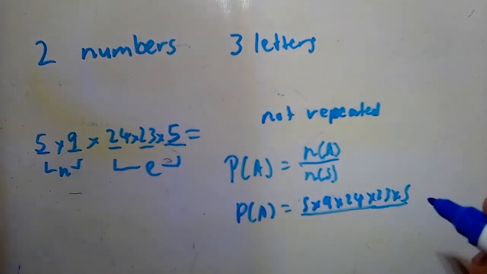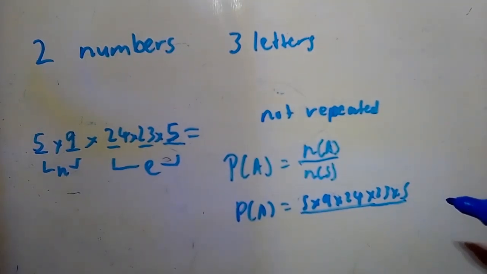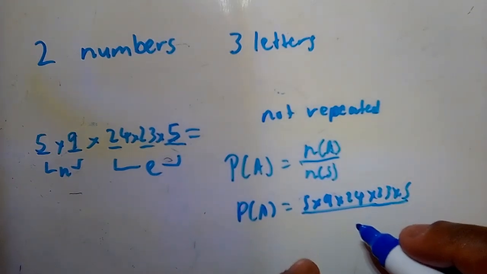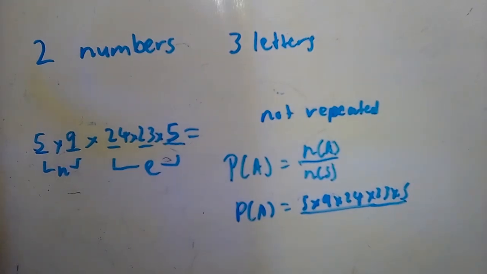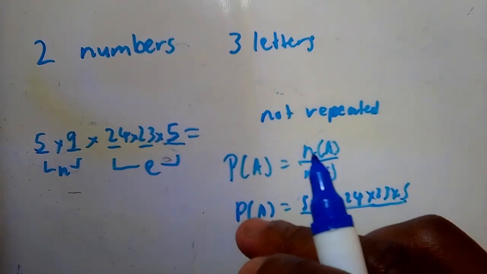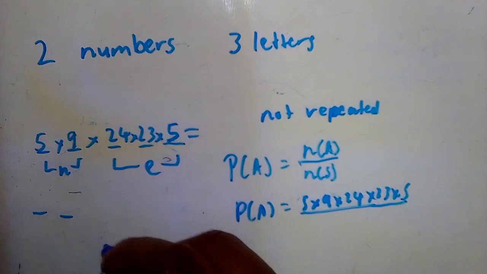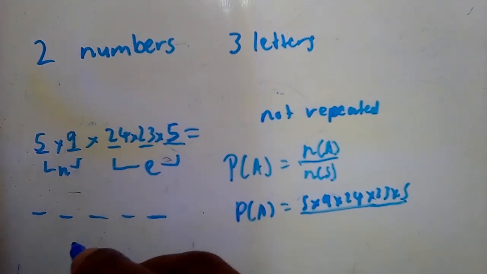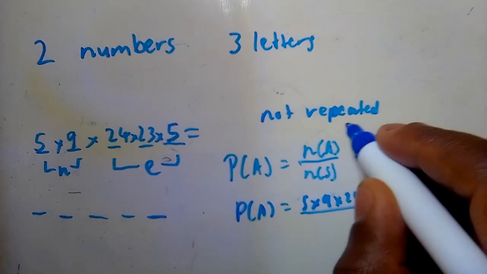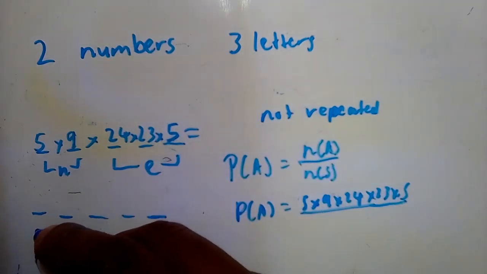So the probability that it starts with an even number and it ends with a vowel is the same as the number of ways that it starts with an even number and ends with a vowel divided by the total when there are no restrictions. So if there are no restrictions, what would have been the total? So we've got 2 digits and 3 letters, right? If there are no restrictions and they are not allowed to be repeated, how many can we choose?